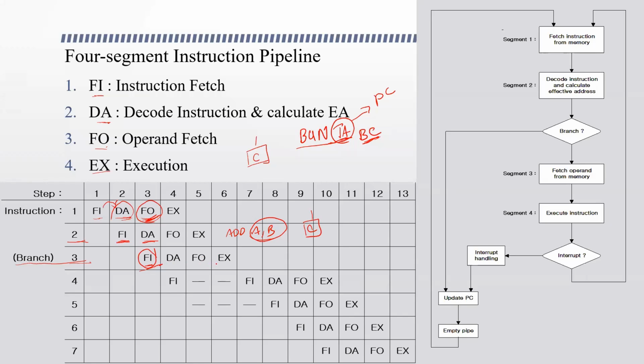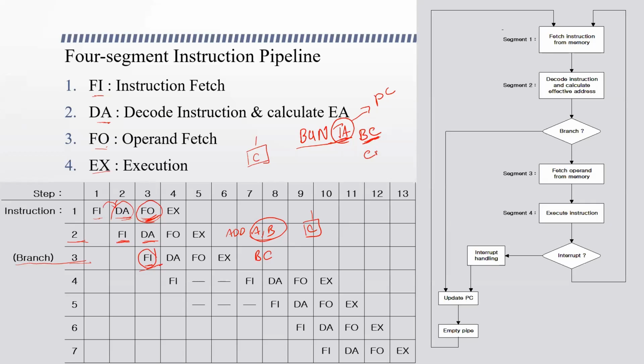So we will have a branch instruction BC. If there is a carry out of this addition, we want to branch to some other location, some other instruction. So such conditional branching also can be given.